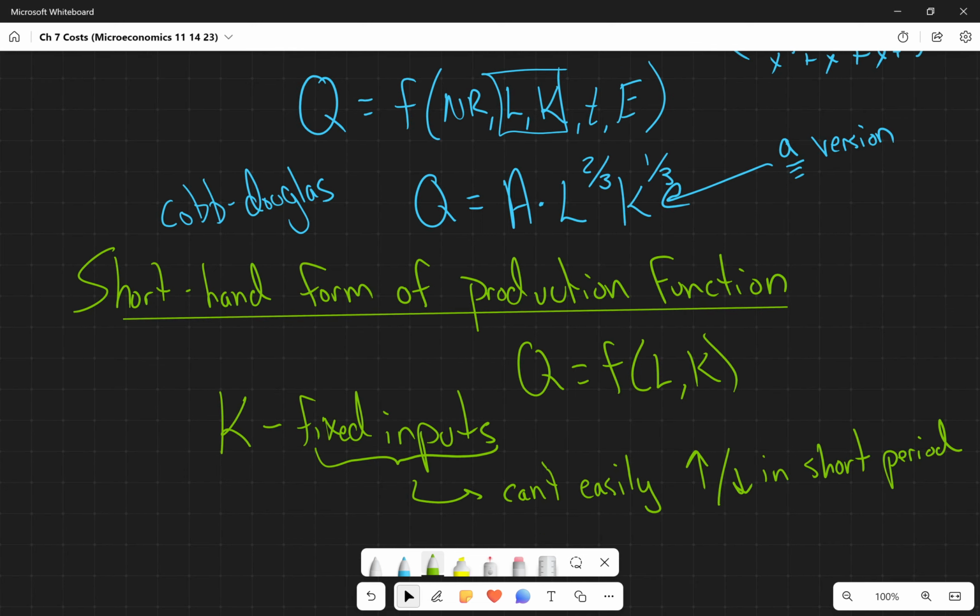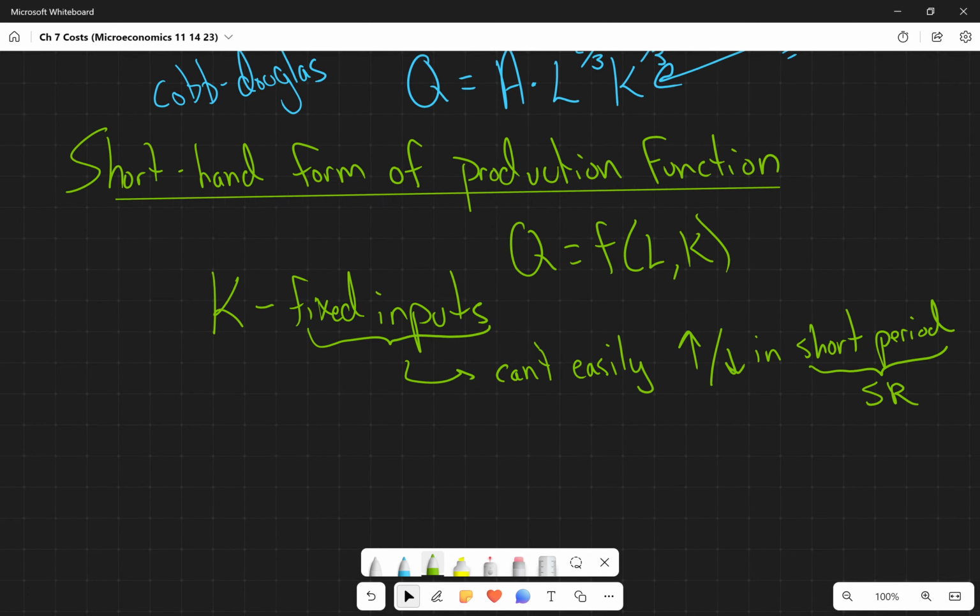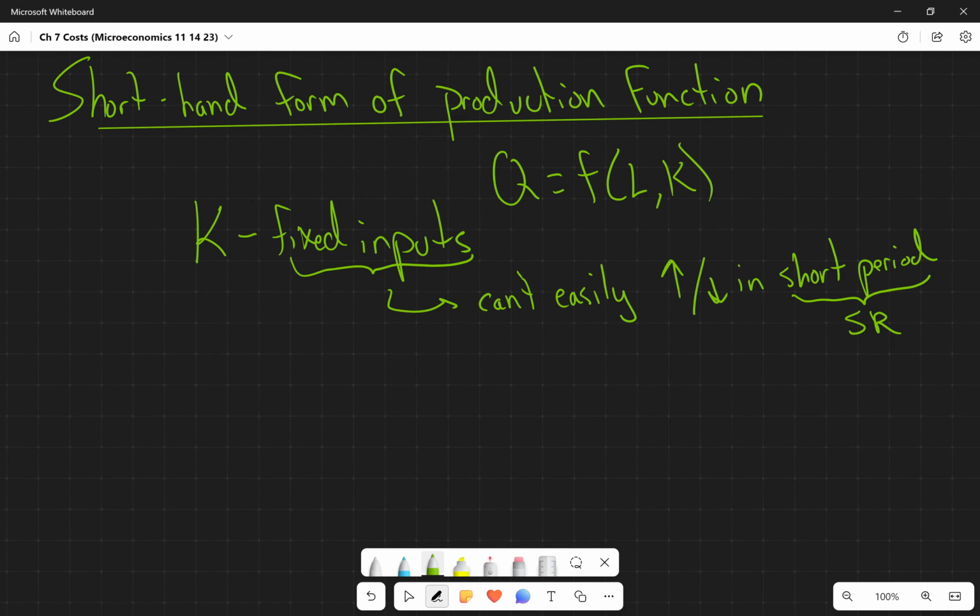And in a short period, we also talk about the short run, and we're going to get to a more technical definition in a second. These things are inextricably linked to each other, in the same way that exponents are to logarithms. So capital is going to be our fixed inputs for the most part. Labor is going to be our variable inputs.